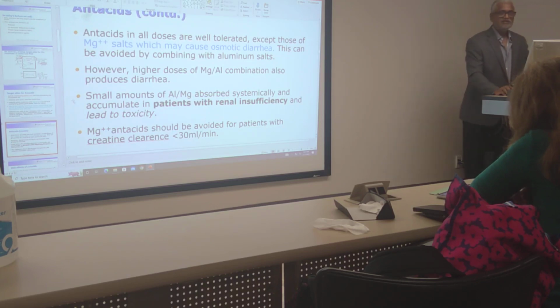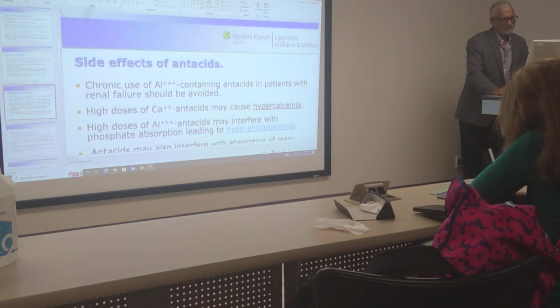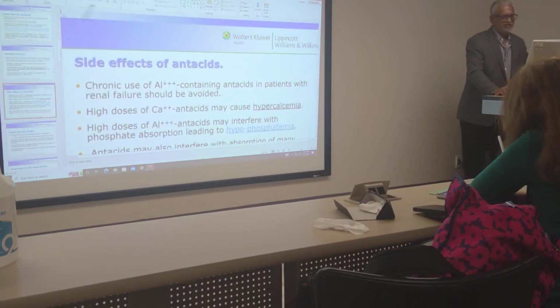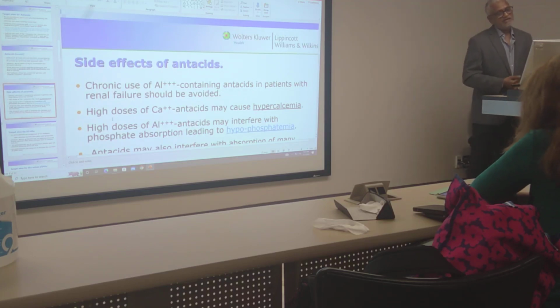That's another side effect which you may want to advise your patients. Chronic use of aluminum-containing antacids will probably lead to renal failure and therefore should be avoided.